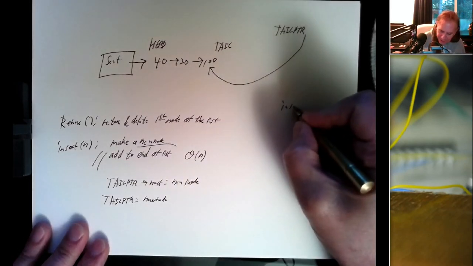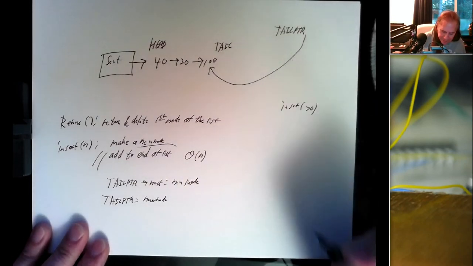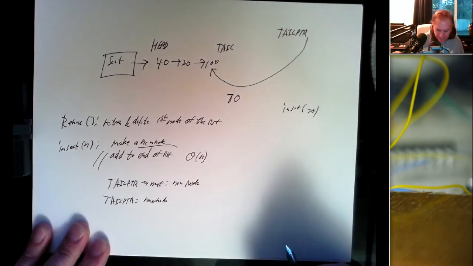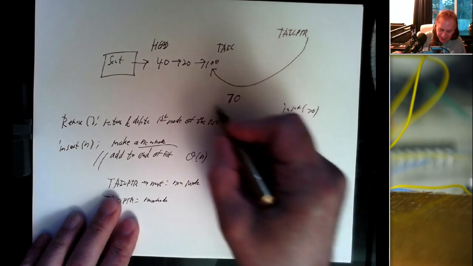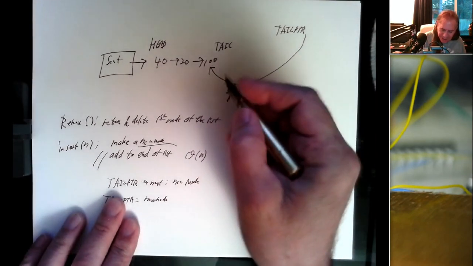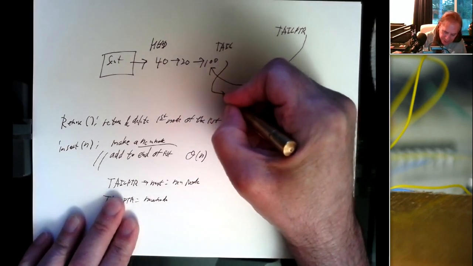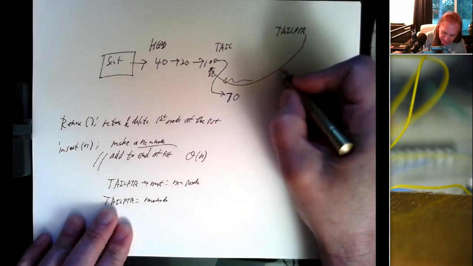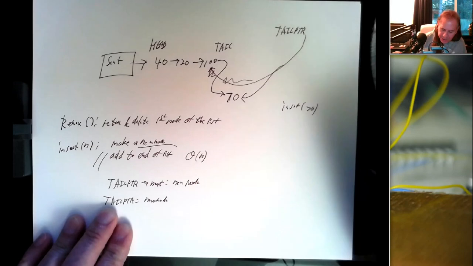So if I want to insert a 70, I'll create a new node with a 70 in it. I'll follow tail pointer to find the last node. I'll set its next field to point to the 70, and then I'll change tail pointer to point to the 70 also.